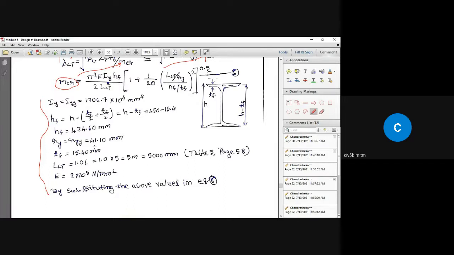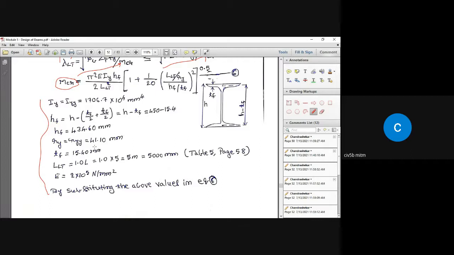So LLT, if you look at the code book on page number 54, second column, you look at the equation MCR equal to something, which we have made use of. Just below that it is given as LLT. LLT is the effective length for lateral torsional buckling.